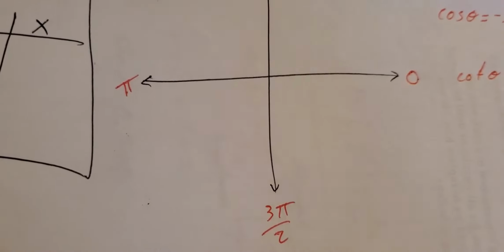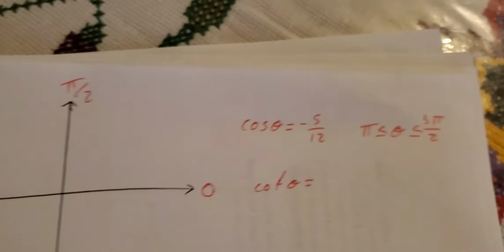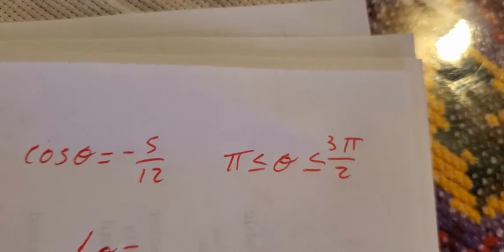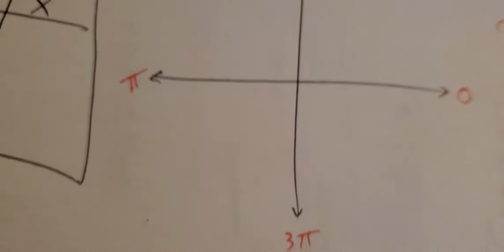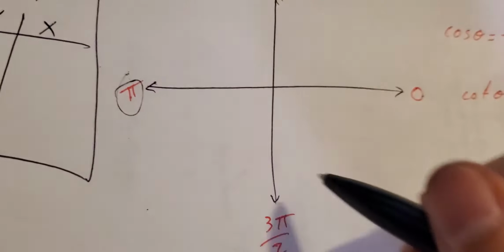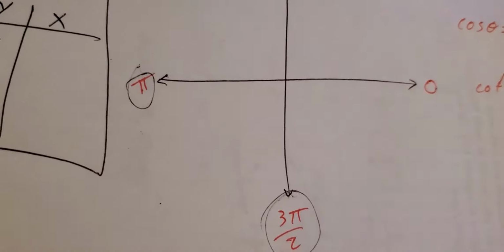Notice that my parameters stated that I can only go from pi to 3 pi over 2.